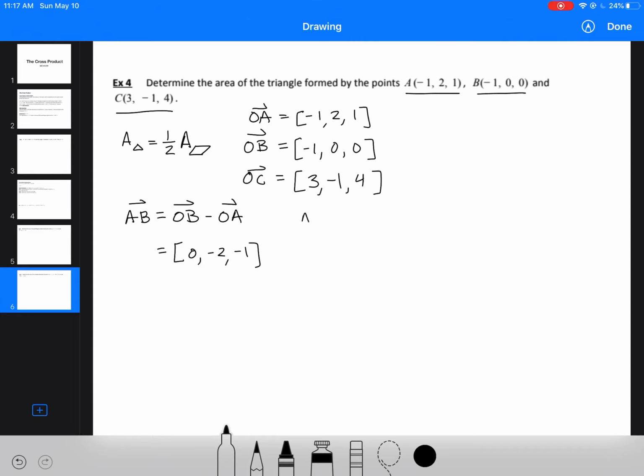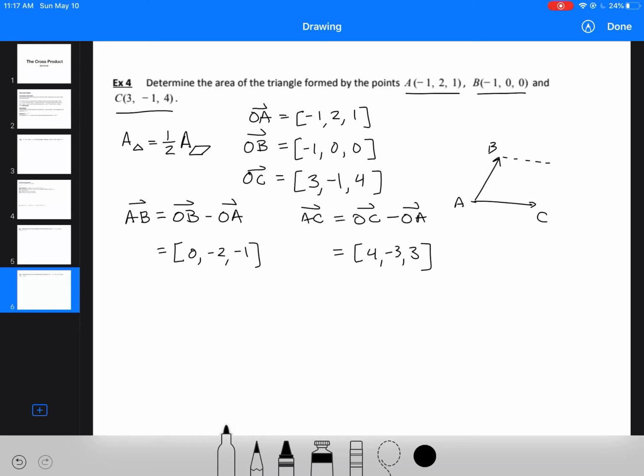Then we'd have the position vector AC, which would be OC minus OA. And here this is going to give us (4, -3, 3). So now we've created, if I just draw off to the side here, we've got A, B, and then we've got AC. So 2 sides of our triangle.